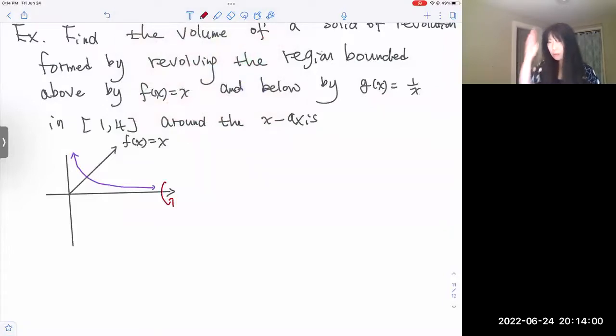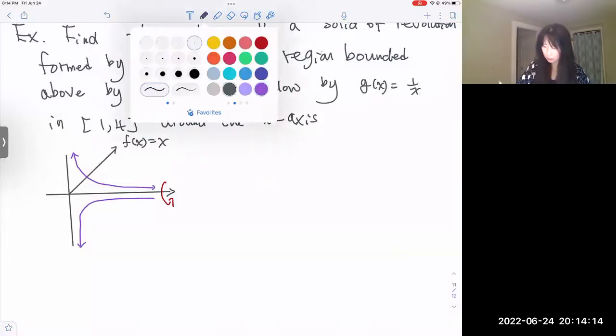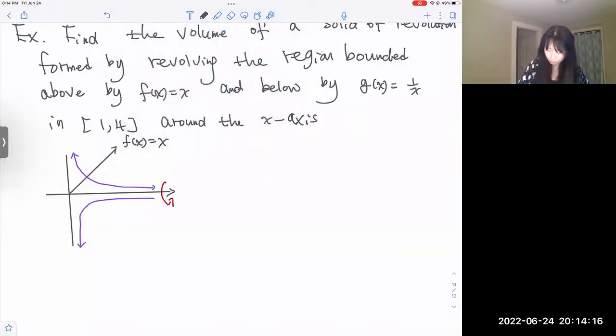The purple one reflects here, and then the black one reflects here. Okay, now we generate the shape.